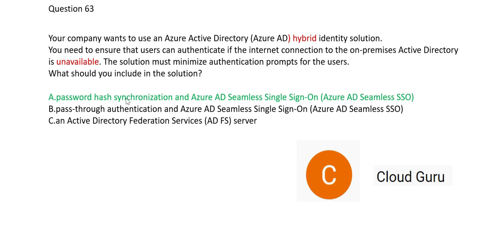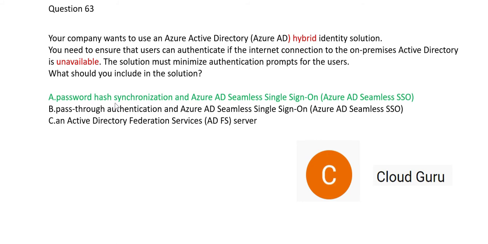This option is correct because hash synchronization, what it does is whatever was inside Active Directory on premises, it is synced with the Azure Active Directory and vice versa.